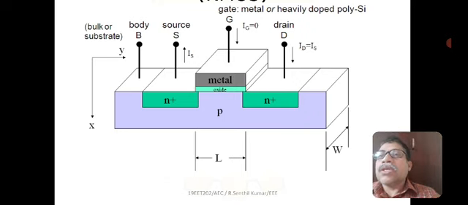Therefore, the majority carriers are electrons, diffused as two parts, one on the left hand side and another on the right hand side of the top of the substrate. N plus indicates the doping is high. You mean a higher concentration of electrons is there in the dark green.